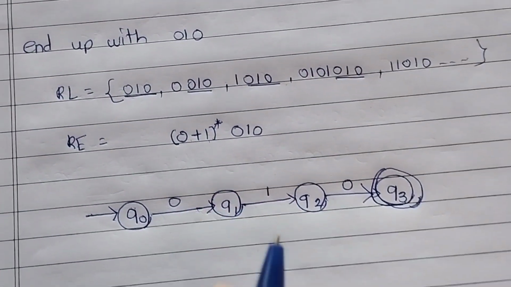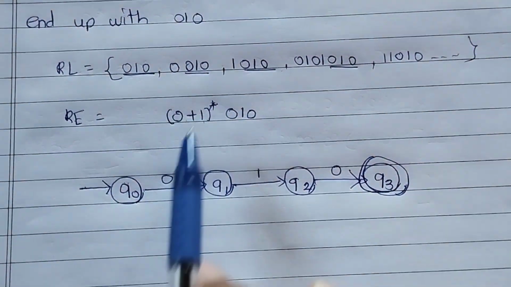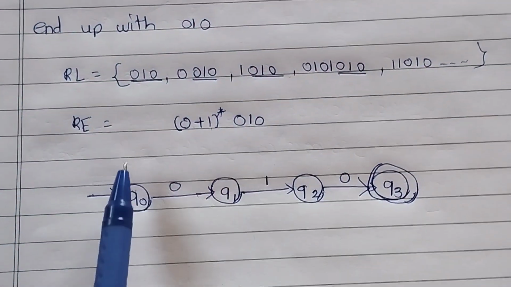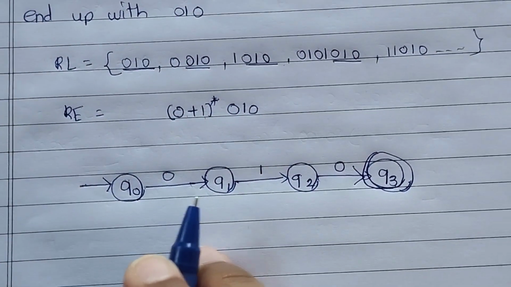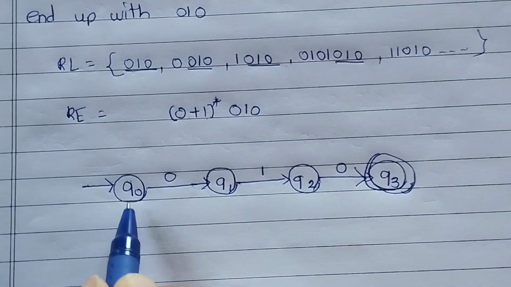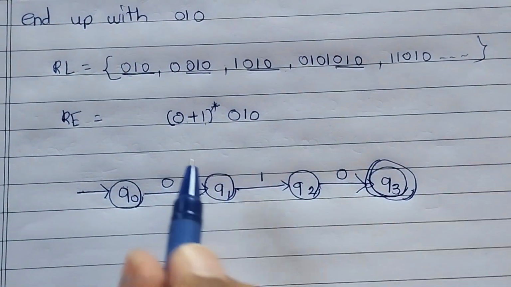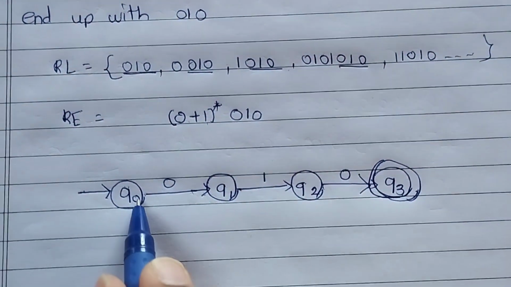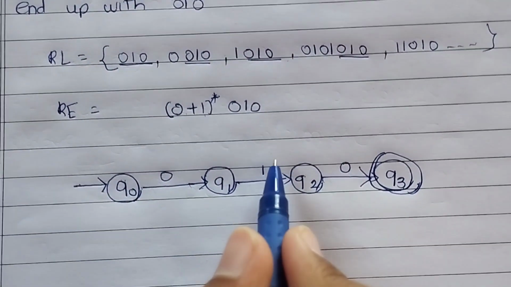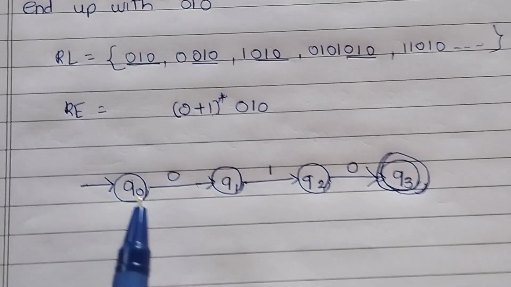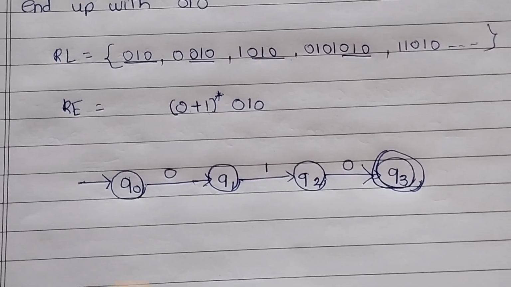Now, how many alphabets are in the string? One is 0, second is 1. So there are two possibilities. Each state must give two outgoing transitions, one for each variable.